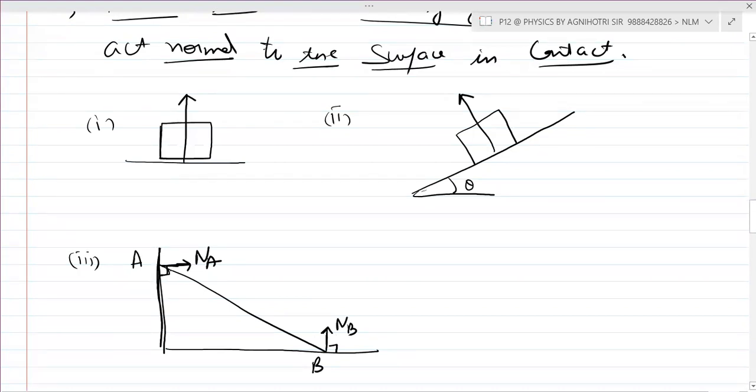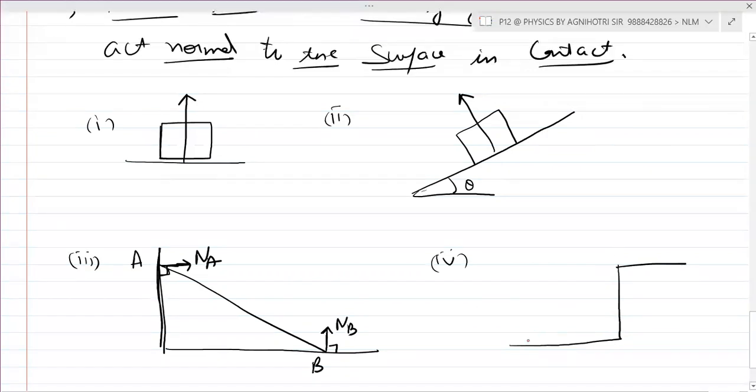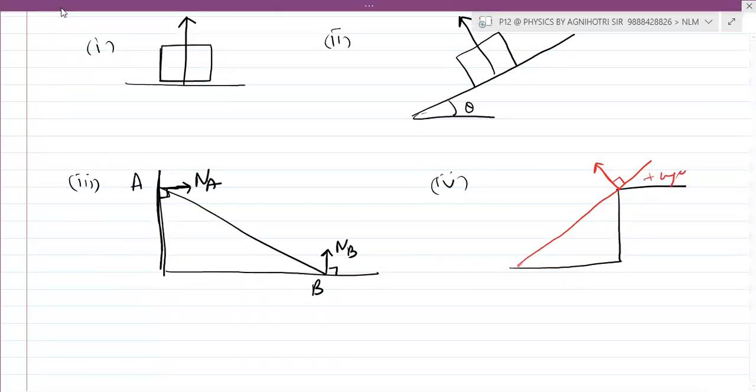Okay. If you take an example, this is the surface, and here you have placed a rod like this. How the normal reaction acts is very obvious. It's a point, and that force must be perpendicular to the surface, as if you have drawn a tangent. It's normal.